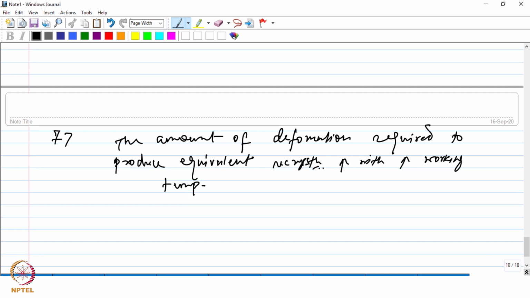So in proper terms, you can say that the amount of deformation required to produce equivalent recrystallization increases with increasing working temperature, right? So these are some of the rules that govern the recrystallization process. With this, we can conclude this lecture, and the rest of the things on this topic will be taken up in the upcoming lectures. Thank you for your attention.